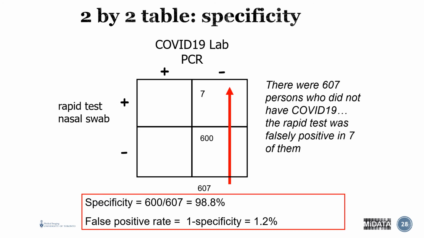A quick example, if you have 600 true negatives, 7 false positives, we can say that there were 607 persons who did not have COVID-19. The rapid test was falsely positive in 7 of them. This leads to a specificity of 98.8% or a false positive rate of 1.2%. And we got this by 1 minus the specificity of 98.8%.